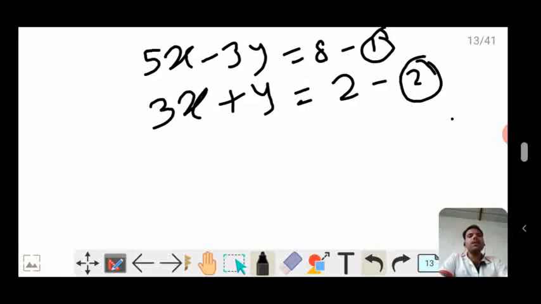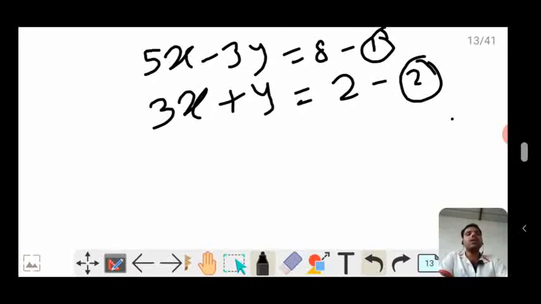So in the method of substitution, what we have to do? In this method we are trying to write one of the variables in the equation in terms of the other variable.